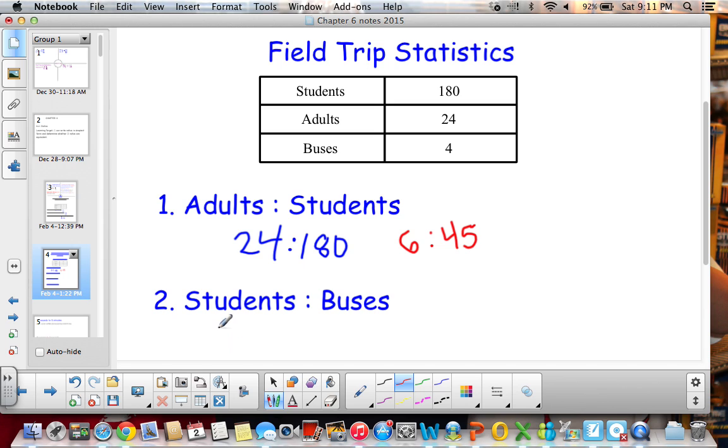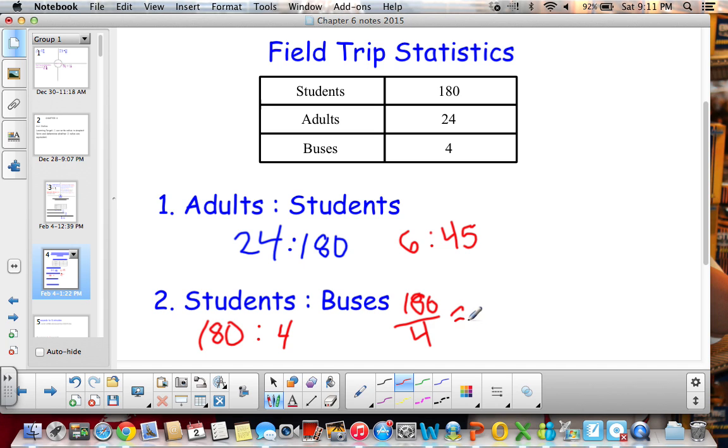Students to buses. This time, we write 180 first, because that's our first item, and then buses is 4. So there's 180 students to 4 buses. So I'm going to rewrite it. Oops, that's supposed to say 180 over 4.